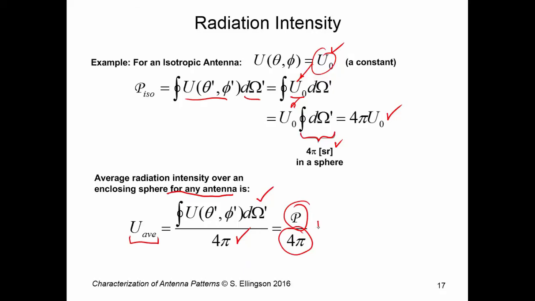So the average radiation intensity for any antenna is power divided by 4 pi. Another way to write this exact same relationship is to say the total power radiated by an antenna is 4 pi times the average radiation intensity. So if we know the average radiation intensity for some antenna, then we immediately know how much power it's radiating.